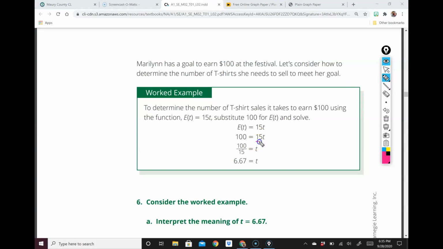Then we divide both sides by 15, and 100 divided by 15 gives us 6.67. So we really need to sell 7 t-shirts because we can't sell a portion of it. So 6a, I think we just answered that. We need to sell 7 t-shirts. We can't sell 6.67. It has to make sense.